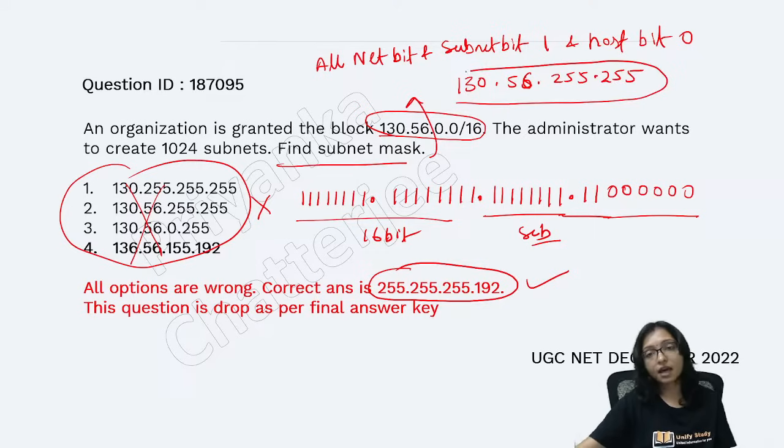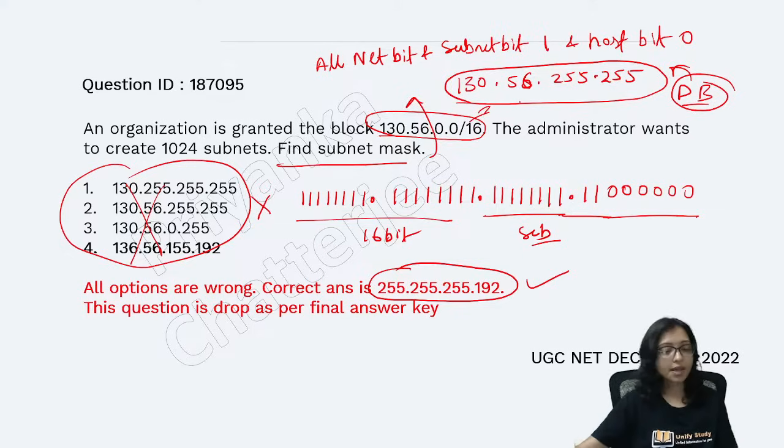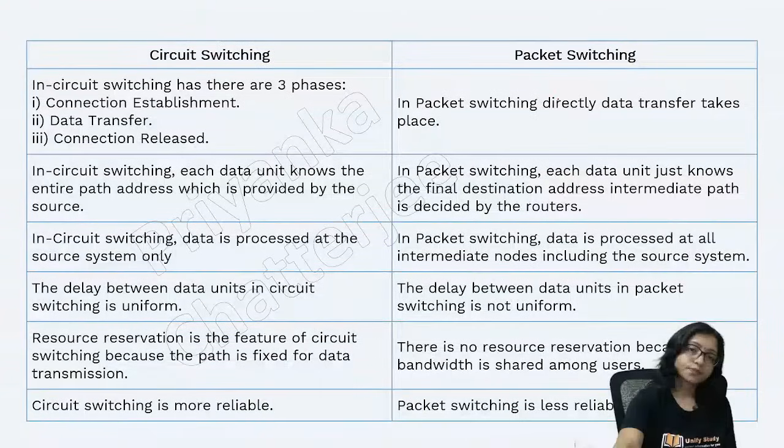That will be the direct broadcast for this net, only for this one, not the subnetting. Without subnetting, that is your direct broadcast.